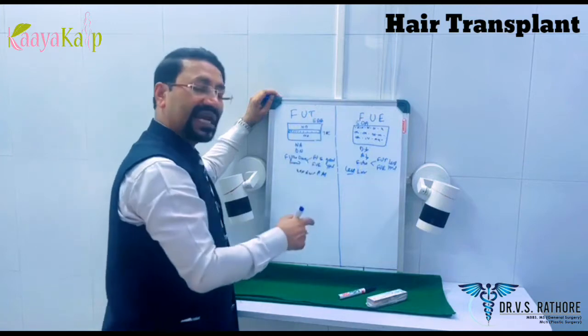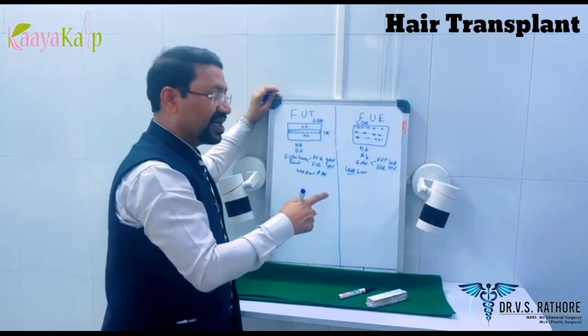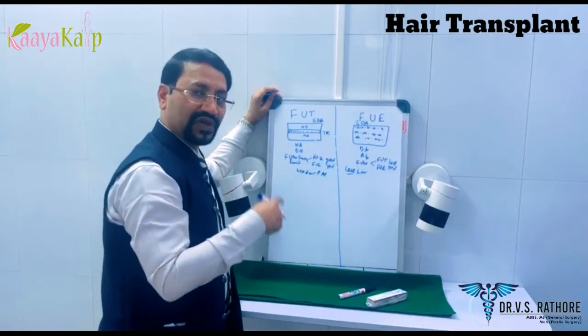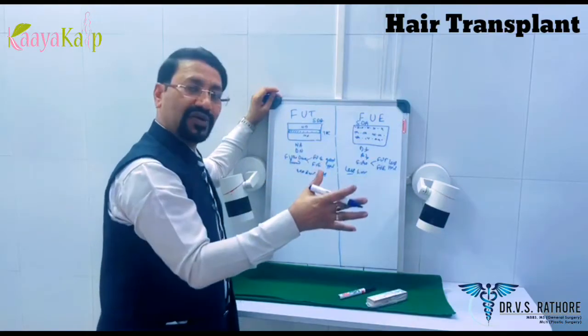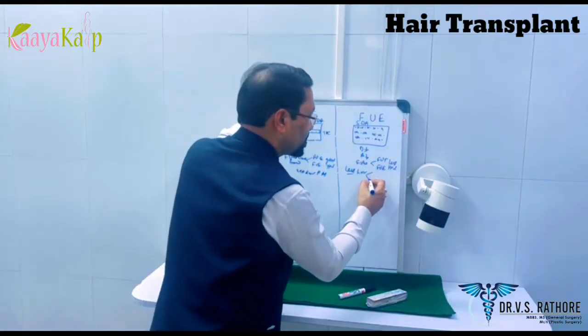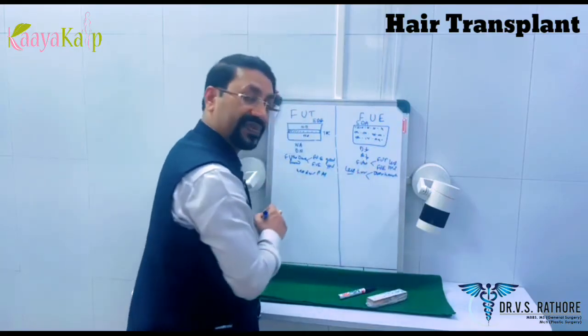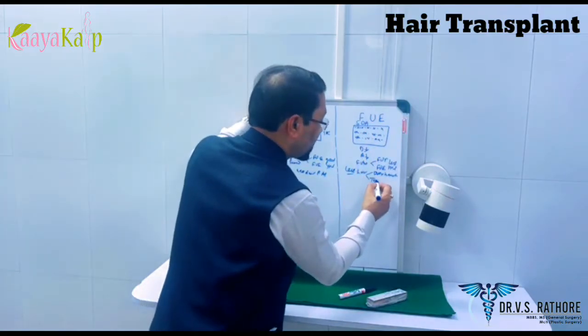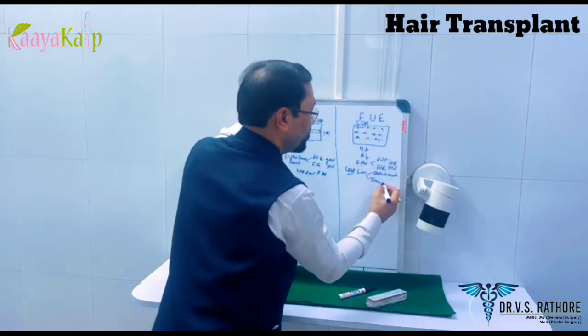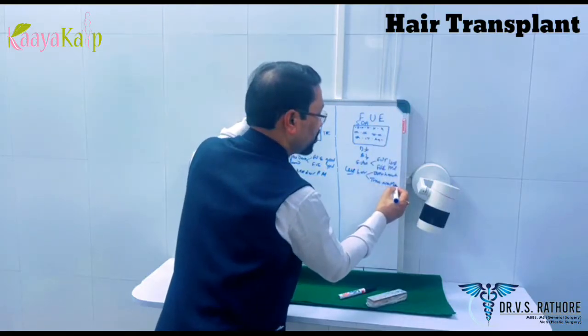But harvesting fewer hairs from FUE is not going to serve my purpose because I need more grafts to cover the bald patch. So there are two options. Either I will do an over harvest or I will transgress into the above area, which is a non-safe donor area.